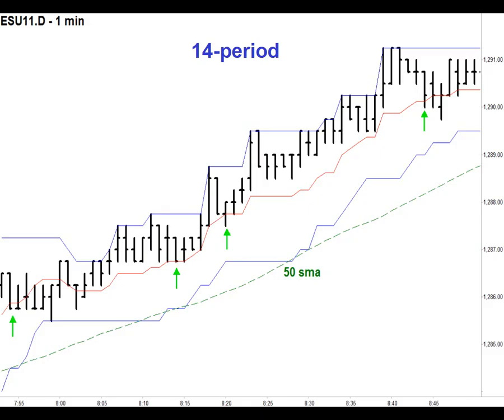So what I explained last week, if we're looking at this 1-minute chart with a 14-period Donchian channel, since we have an uptrend, we're above the buy-sell line. One way to enter is you can always wait for price to touch the midline. And the minute it touches the midline, you can simply enter at the market by entering a market order to buy and go long. Or if you're quick enough, you can simply see where the midline is on your chart and place a limit order there and hope that you get filled.